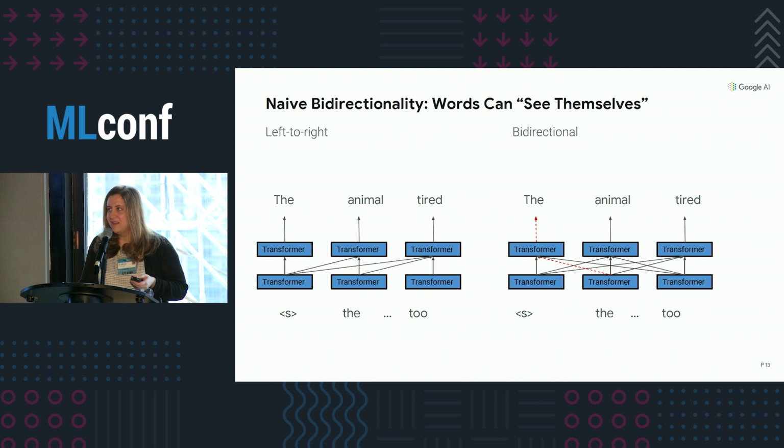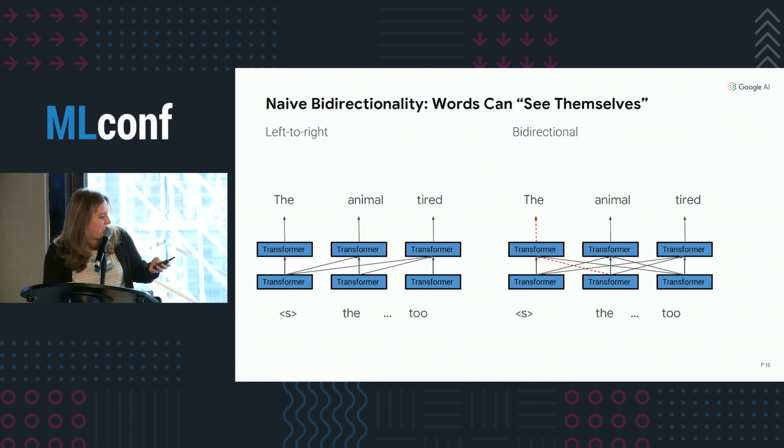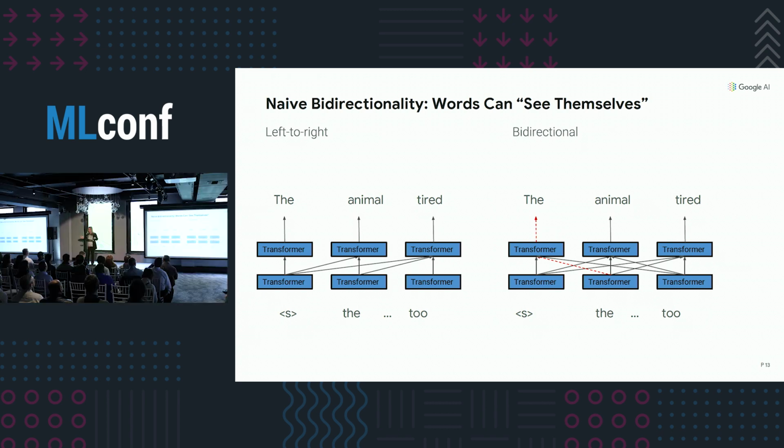So if I'm predicting the, and I'm allowed to attend to other things in the input, then I can just look and see, oh, it's the, I just need to copy. And similarly for animal, I could just copy the one to the right is animal, and so on. So the model would just learn to copy paste, and it wouldn't have to learn anything about language.